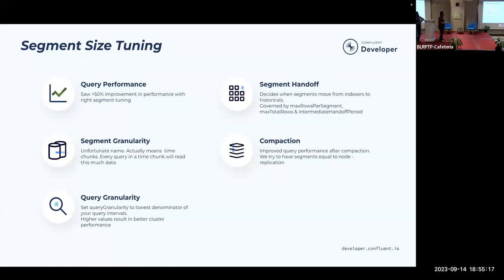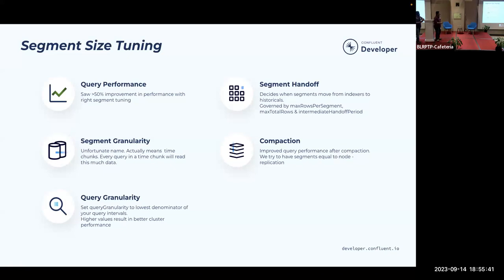So when indexers hand off, your newer queries will now spread across historicals as well as indexers. So our query fanout becomes twice as much as what we generally see. So what we did is we measured our ingestion rate, how many metrics we get, and we tried to bring that as close as possible to segment granularity, right?